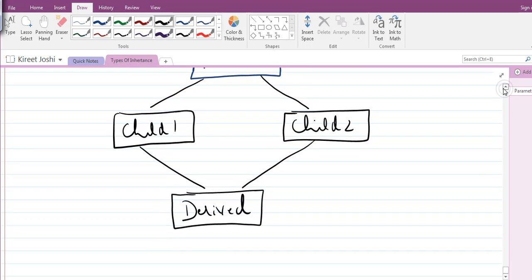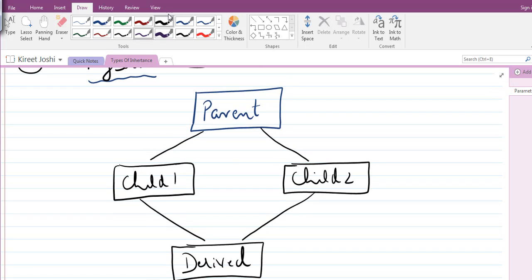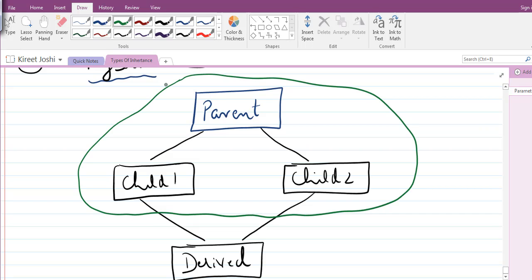Here in this figure you can see that different types of inheritances have been depicted. From here to here, this is a hierarchical example.